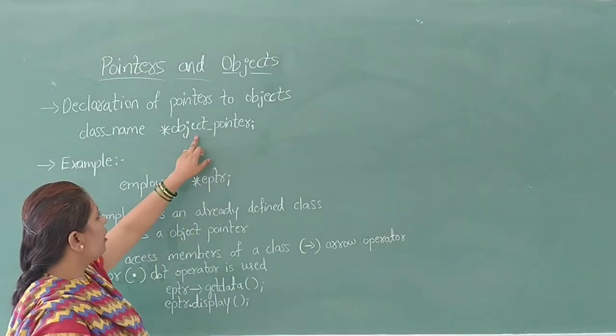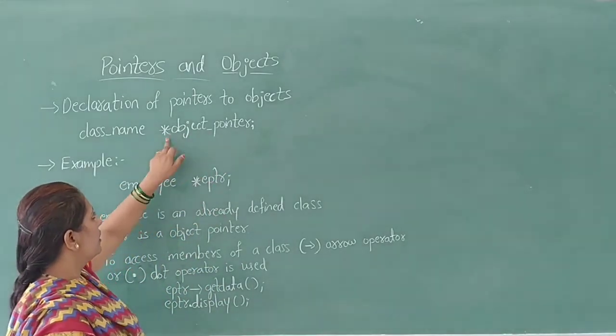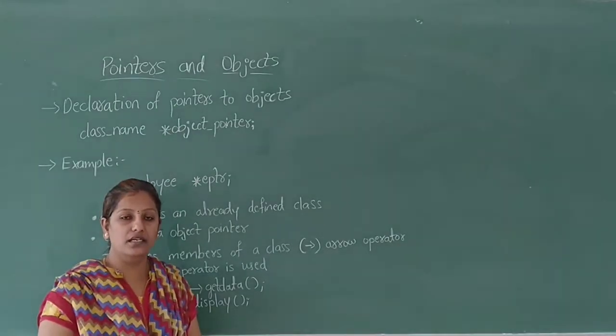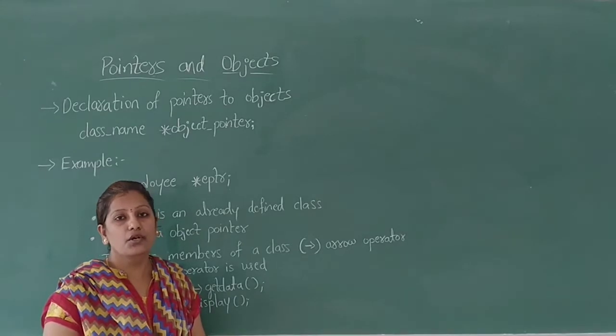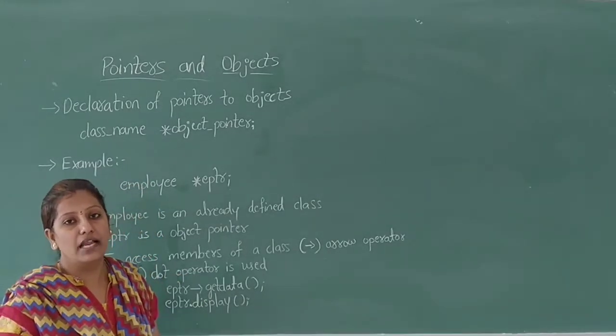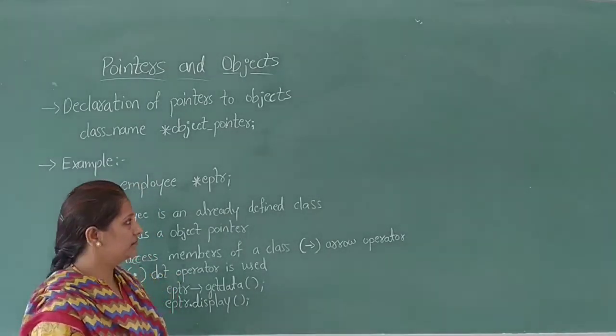To declare an object pointer, the indirection operator or pointer operator is used to return the value of the object pointer.